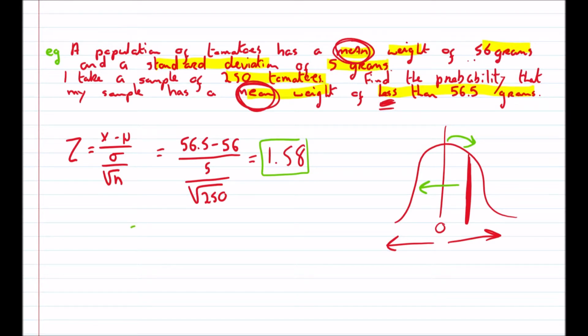And that will give us 0.9429. So that's the probability. When I take that and I look into my tables on page 36 and 37 of the logbooks, that's the probability I get.